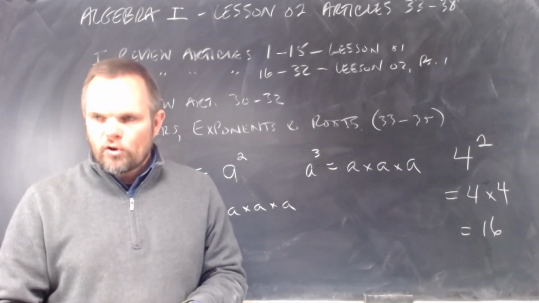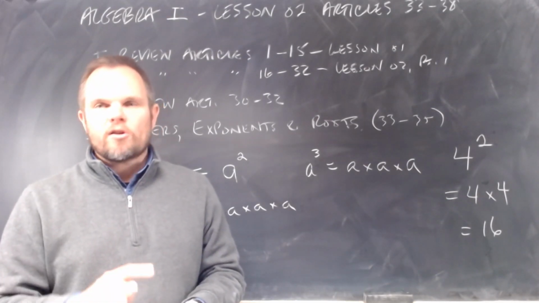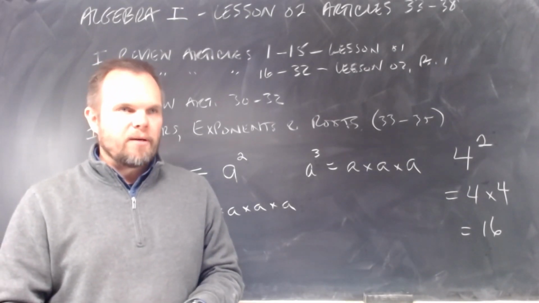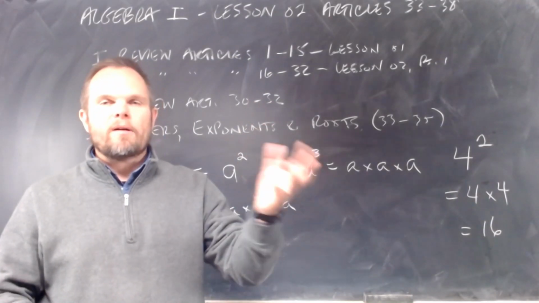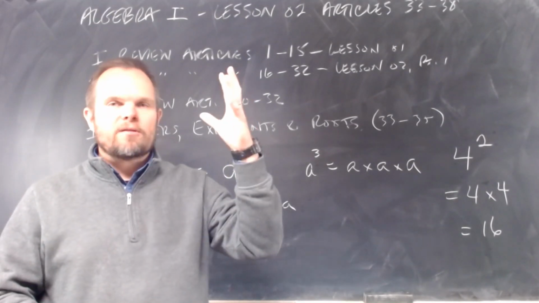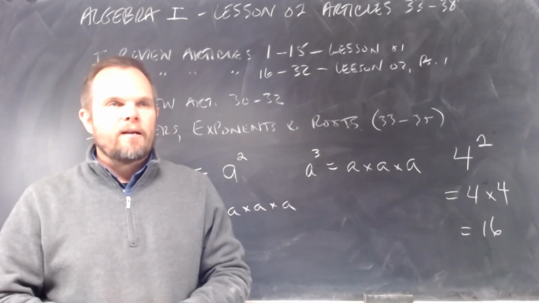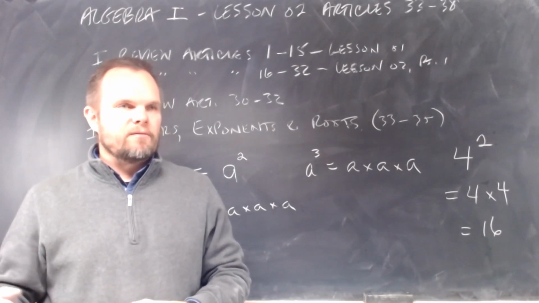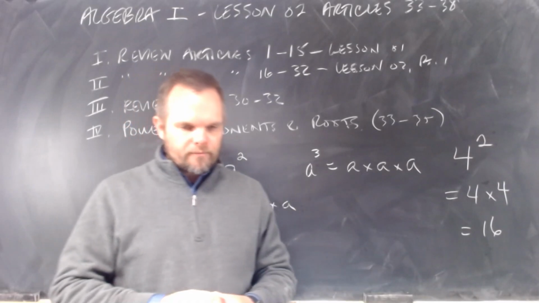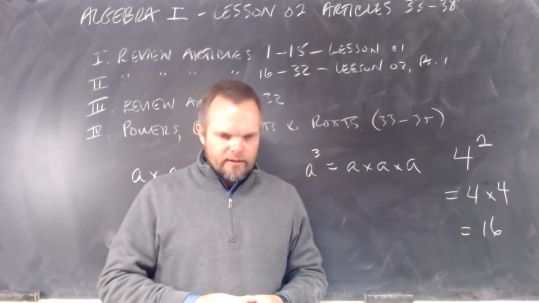Square and cube. Square is the same thing as 2nd power. Cube is the same thing as 3rd power. After the 3rd power, we don't have other names. There's just square for 2nd power, cube for 3rd power, and then after that we just say 4th power, 5th power, 6th power. All right? So know what a power and an exponent is.